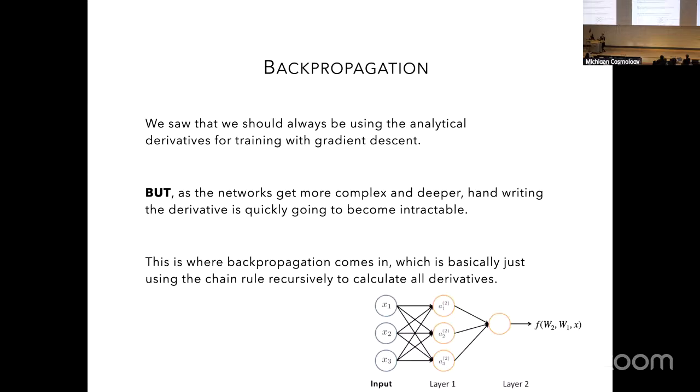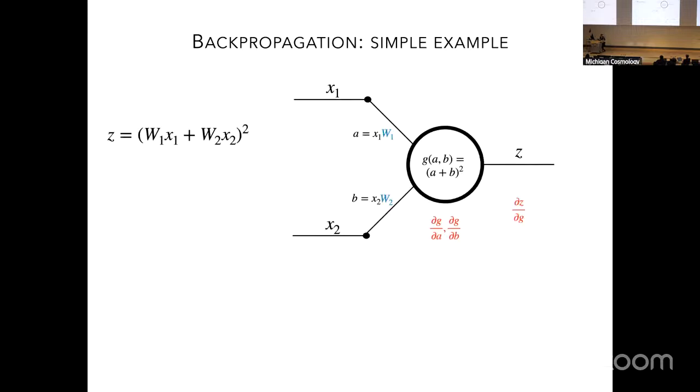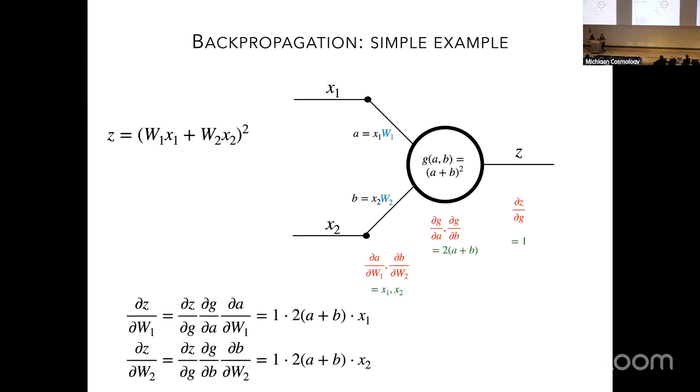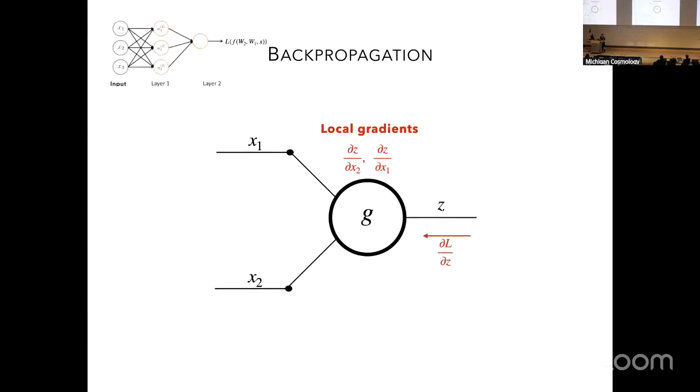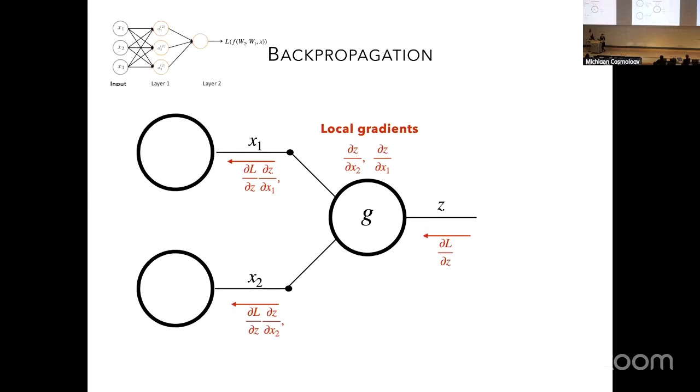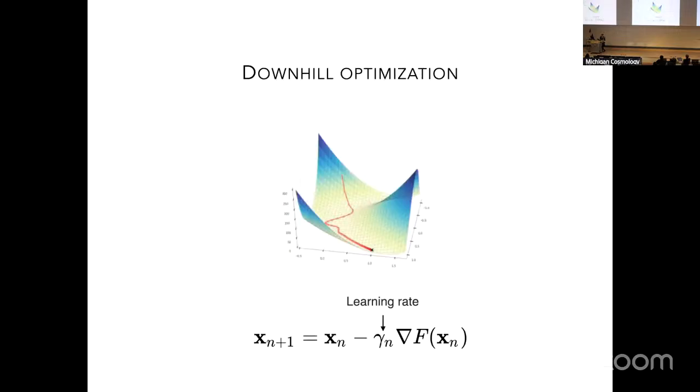It's under the hood, and you never need to actually do it. Okay, so I'm just going to skip that very quickly. This is just how to calculate gradients with the chain rule. And then, at one neuron, the gradient comes back out, and then we can just keep on going with the chain rule. Okay, so now we have our gradients, so we need to find the learning rate to optimize with downhill optimization. And we're done.